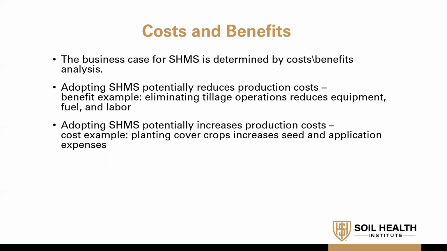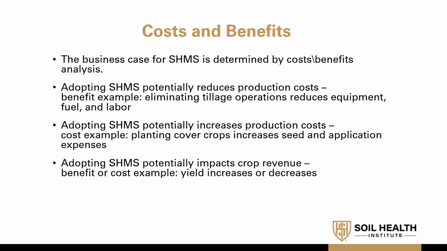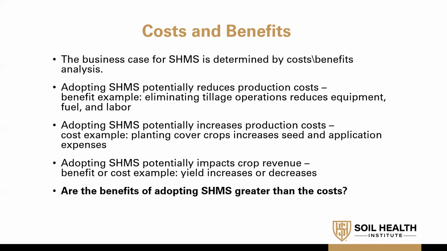For example, planting cover crops increases seed and application expenses. Adopting soil health management systems potentially impacts crop revenue, either from yield increases or decreases that would be a benefit or a cost. So the question is, are the benefits of adopting a soil health management system greater than the cost?